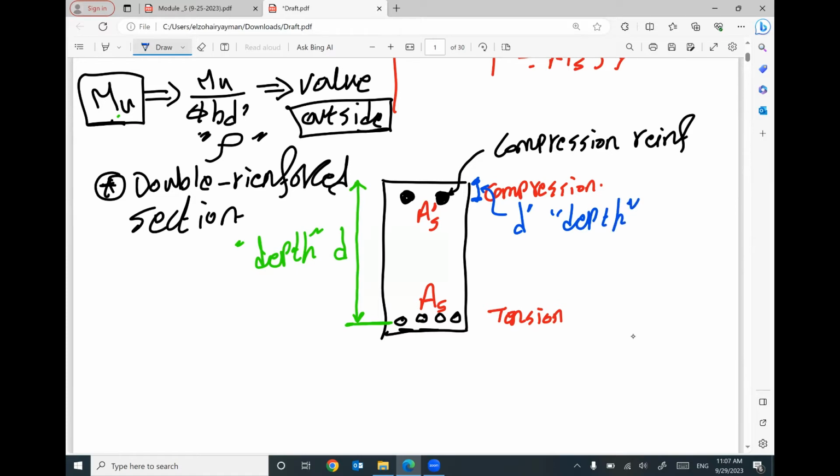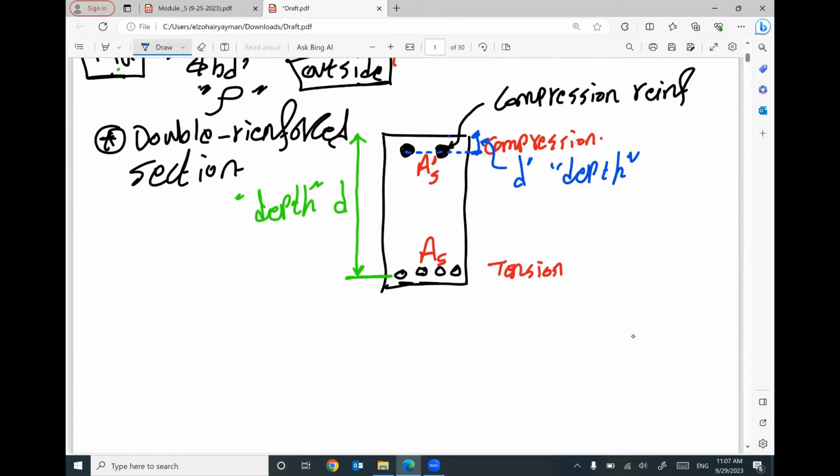And this distance is measured from the top to the steel reinforcement in compression. Does that make sense? So we have area steel and area steel prime. We have d and d prime. Anything prime is related to compression steel reinforcement. Any questions so far? No, sir.